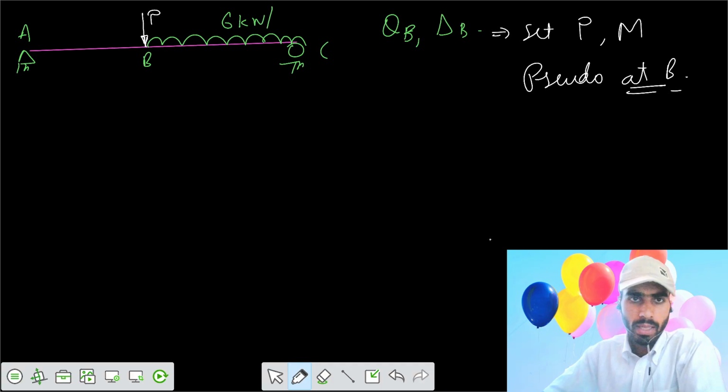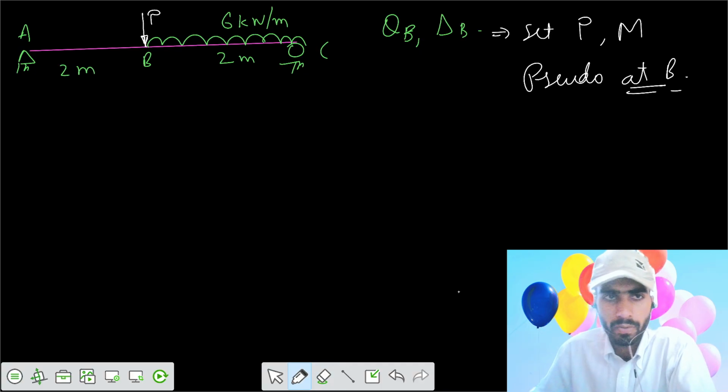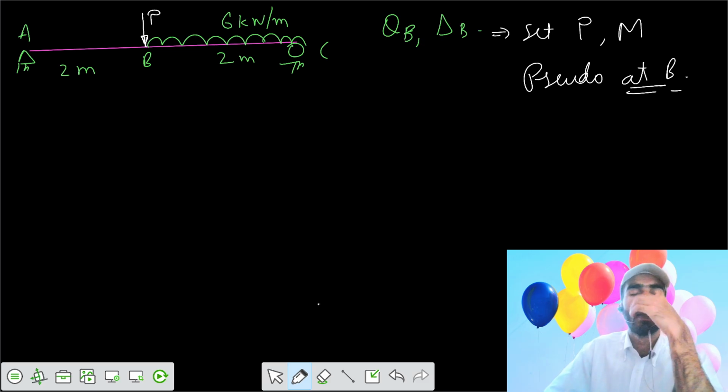This was your actual loading, that's 6 kilonewton per meter for length of 2 meter. This one was your 2 meter, and we have to get the delta at B and theta at B.